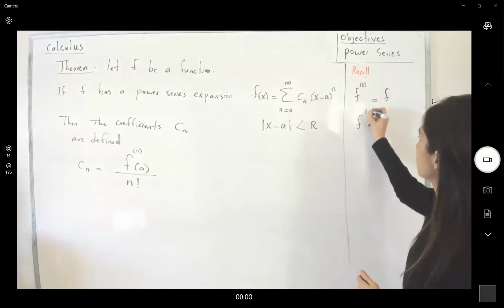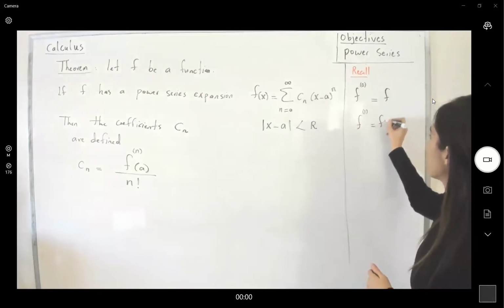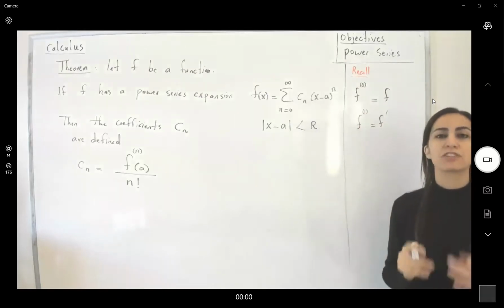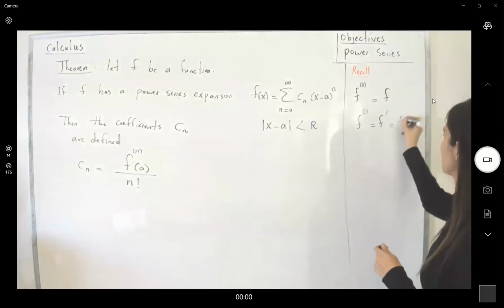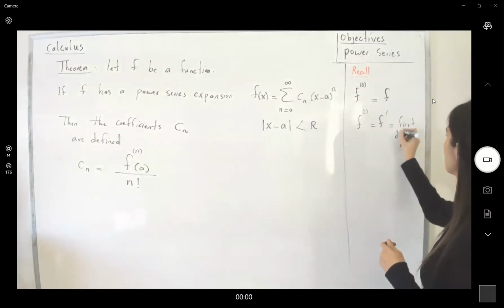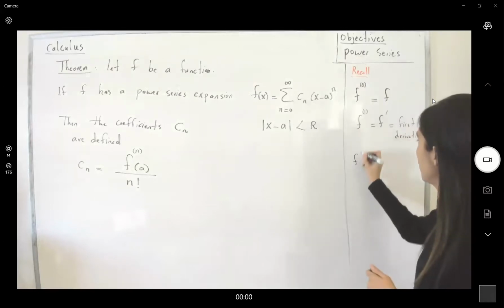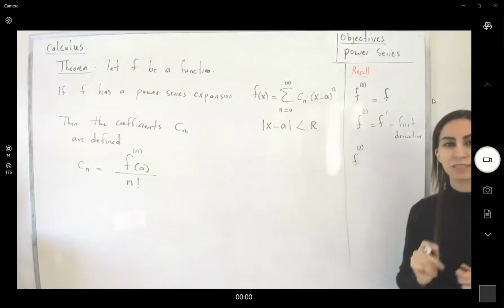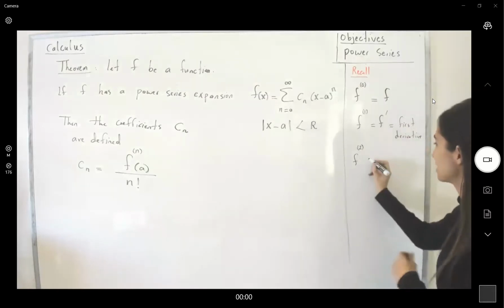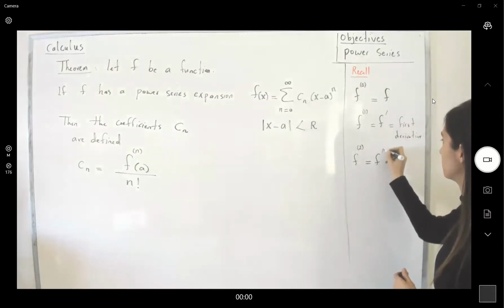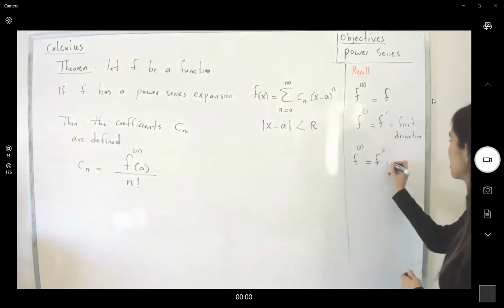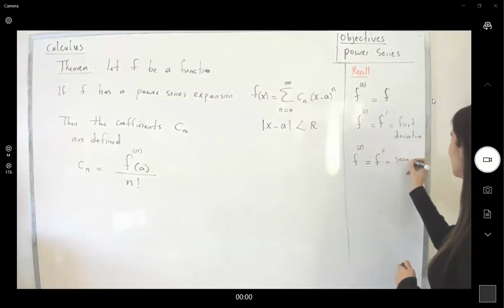F to the first power, or f prime, is the first derivative of the function. F to the second power in parentheses is f double prime, the second derivative.